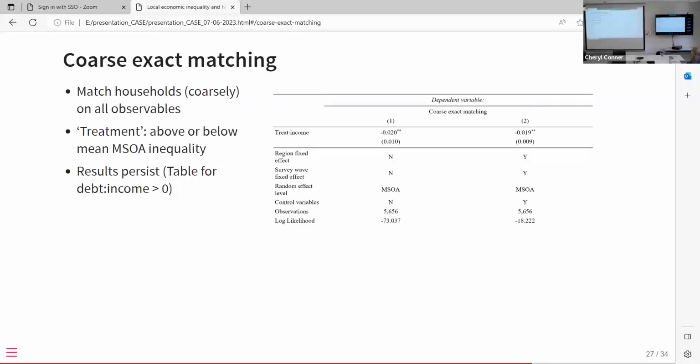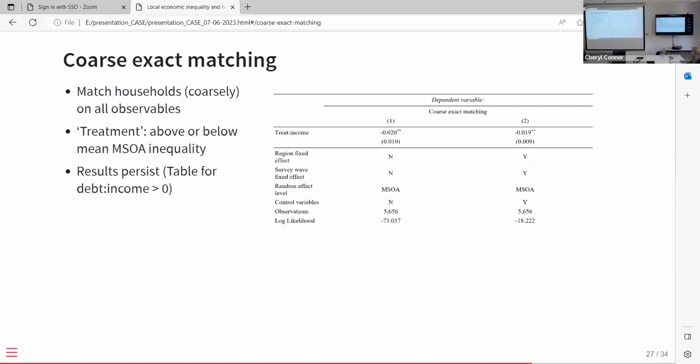Another thing I do: we might think there are issues, that these are just associations. You could try to get closer to a causal story by doing something like matching. This is coarsened exact matching. I take households which are just alike on everything that we can observe, all the control variables basically. The only difference between these households is whether they live in an area of above or below average inequality.